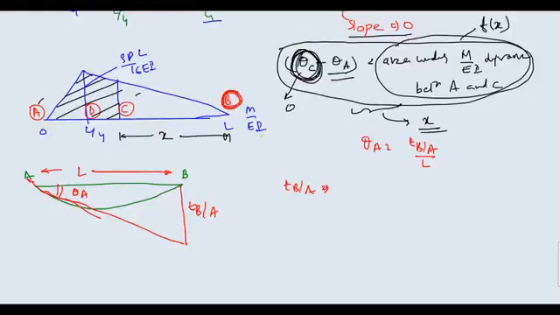So what I'm doing is I am breaking this entire moment diagram into two triangles. One triangle is this green triangle that I'm showing, and the other one is the smaller triangle.